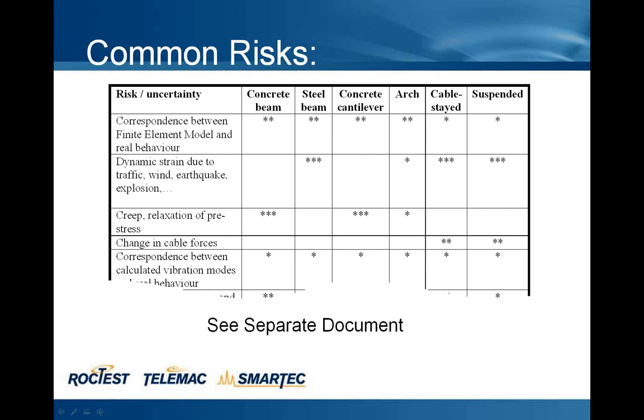If we look at the other end, the dynamic response to traffic, wind and earthquake is of course more important for large bridges like cable-stayed and suspended bridges, and also for steel bridges because of the fatigue analysis, but is less of an issue for concrete bridges, for example.